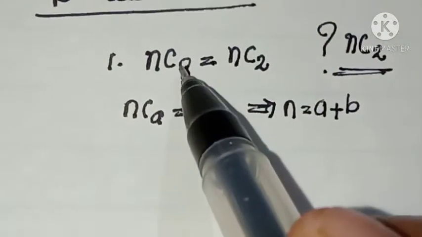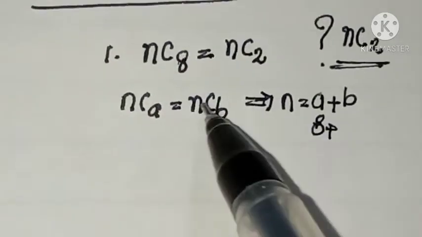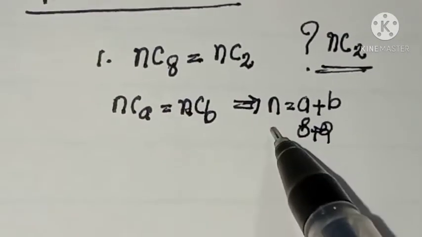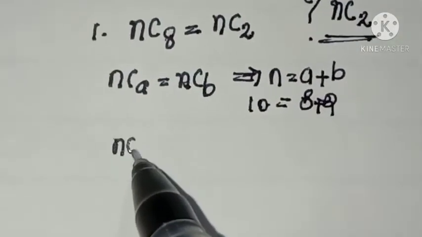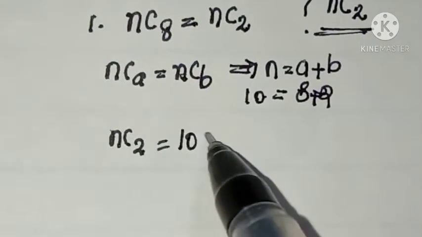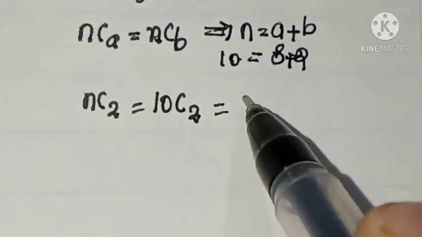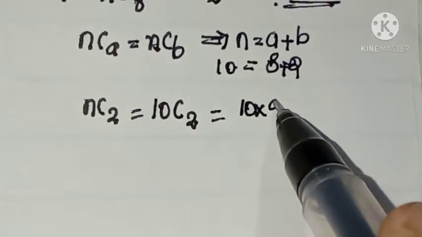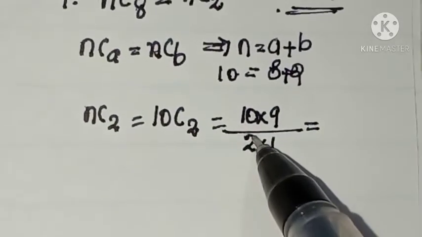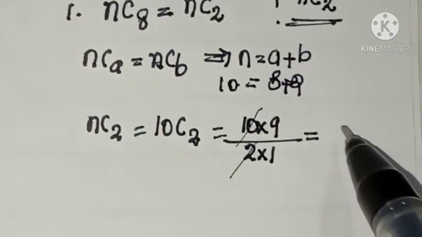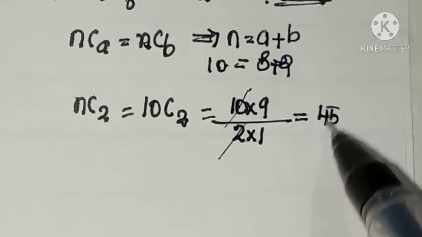So here a is 8, b is 2. So what is n? n is equal to 10. So nC2 is equal to 10C2. 10C2 is 10 into 9 by 2 into 1. So 2 into 10, 5 times. 5 into 9, 45. Okay.